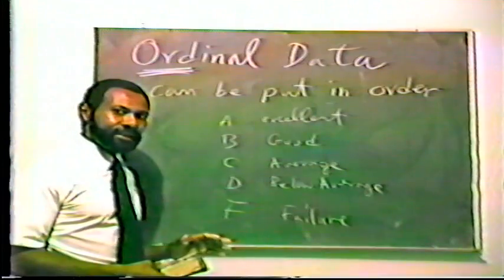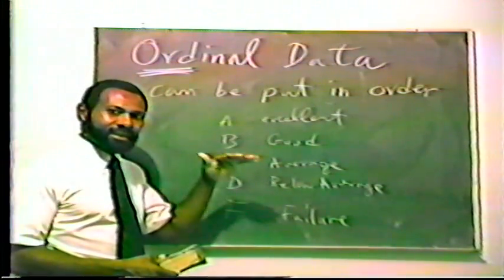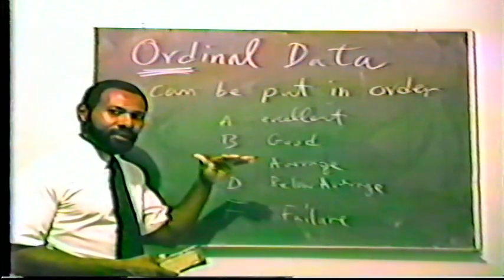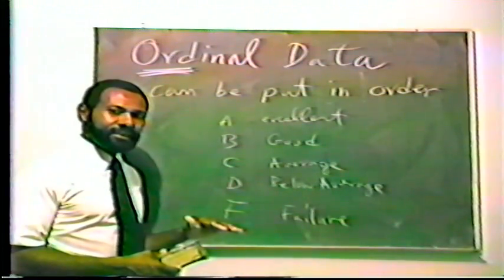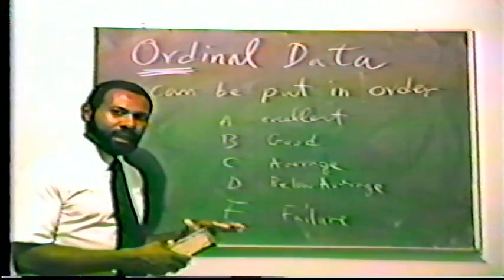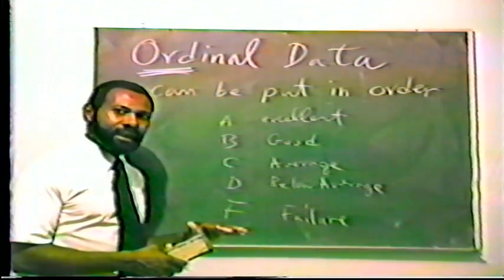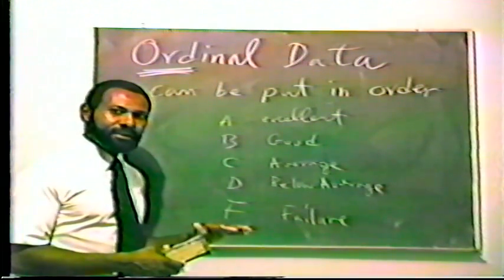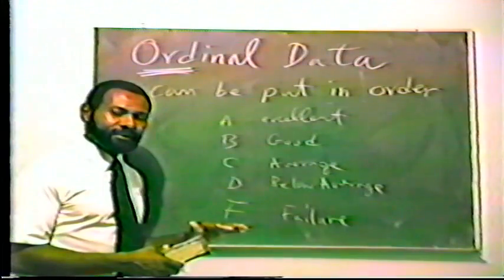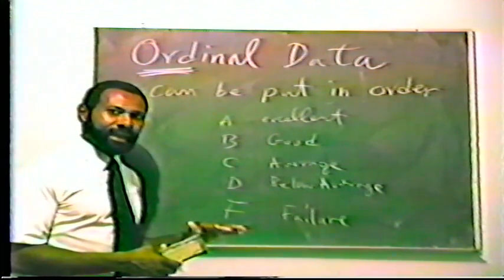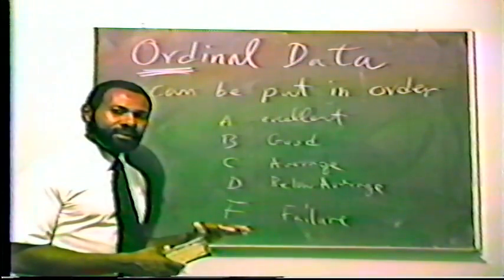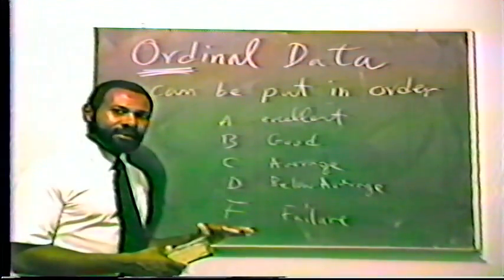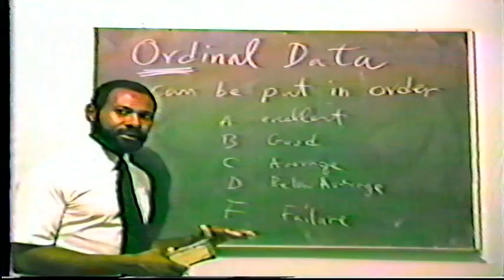Now, a lower level data cannot become a higher level. If we classify data as being nominal, that would be the highest level that those data can have.